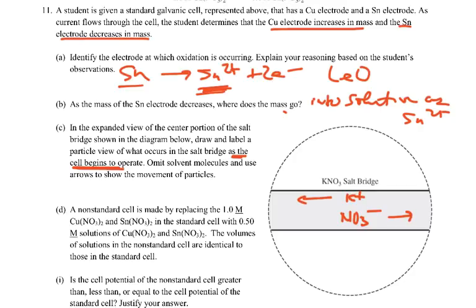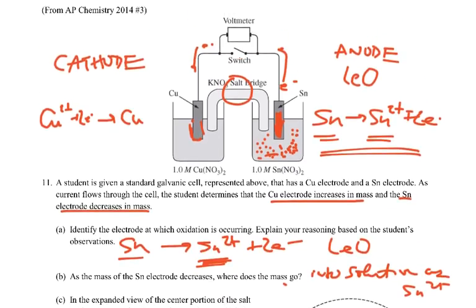If you wrote that, then you actually got the full credit. But here's the idea: on this side, we are causing more and more positive ions to occur. So in order to keep this solution electrically neutral, we need some negative ions to move this way.